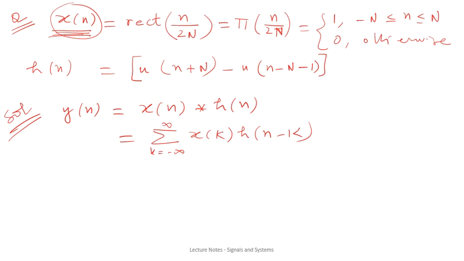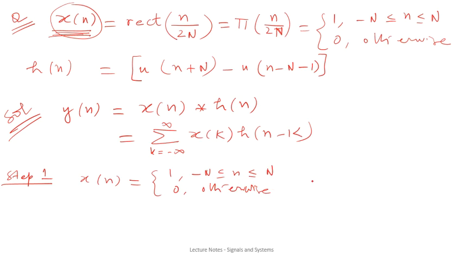So in step 1, what you have to do is write the equations and draw sketches for x[n] and h[n]. This is simple, the expression of x[n] is already given to you in the problem, you just rewrite this, and similarly you can also write the expression for h[n].